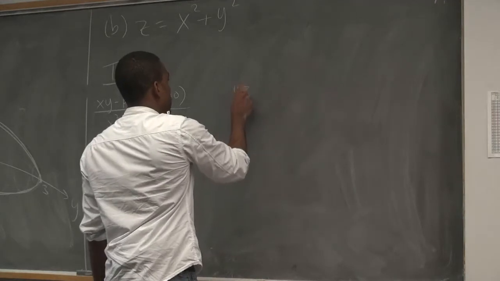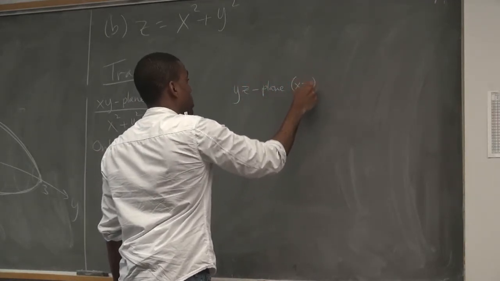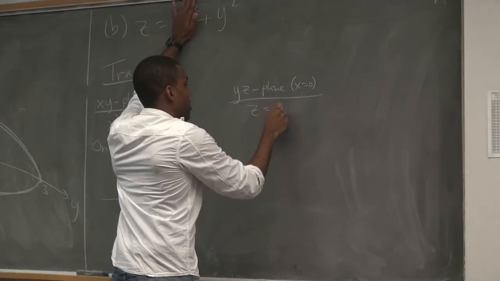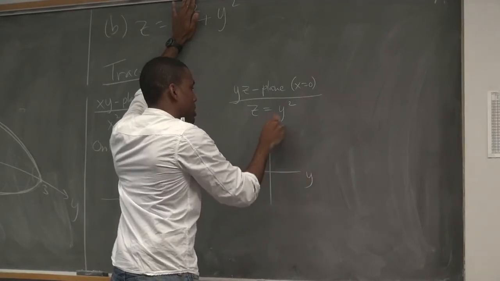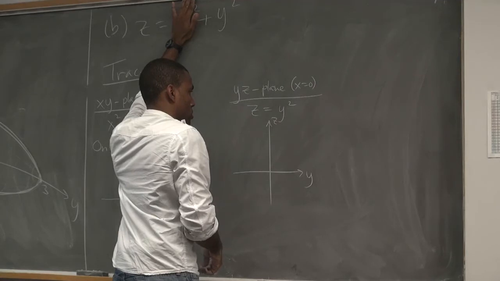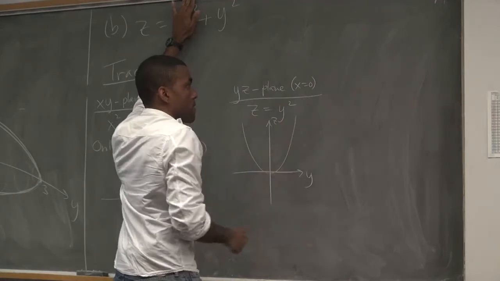What about the yz plane? Which means I think of x equals 0. Then it's a parabola. If the y is here and the z is here, how does that open? It opens up towards the z-axis. Positive z, right? That's my trace.